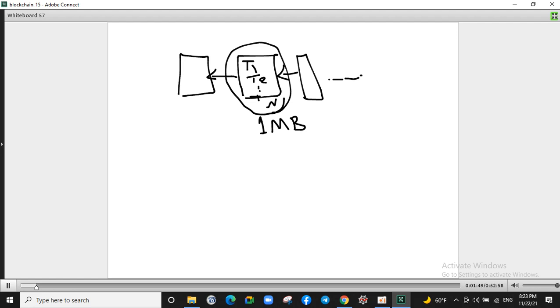So the miners must put some transactions inside the block in a way that the size of the block must be smaller than a constant value. As I said, in Bitcoin, it's nearly 1 megabyte for every block.